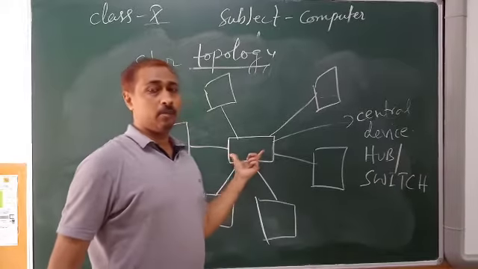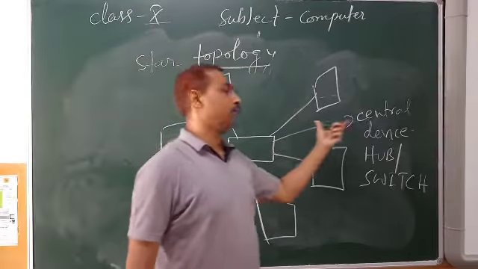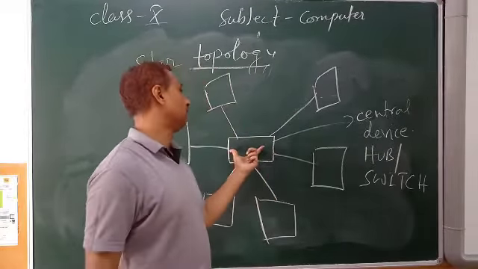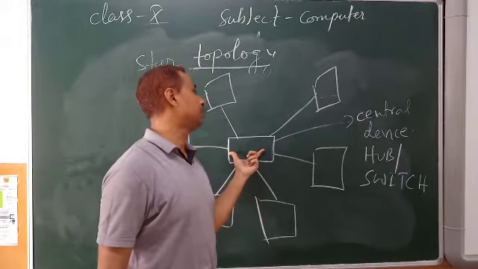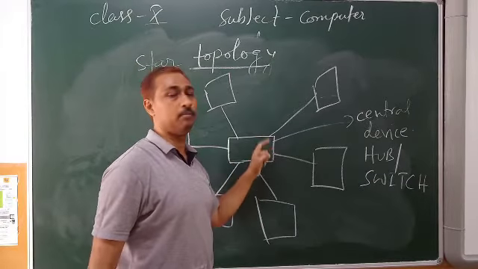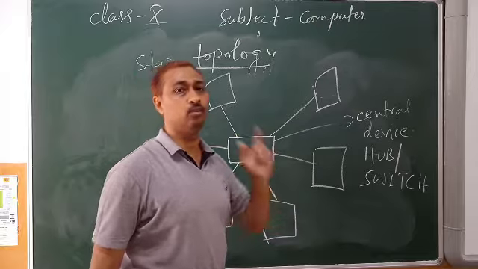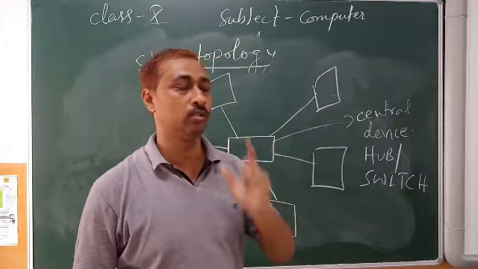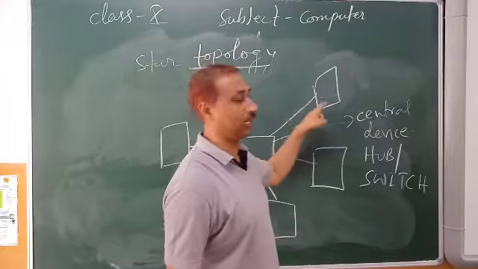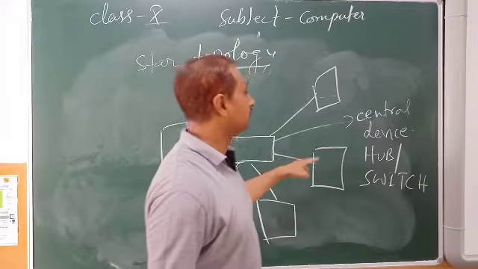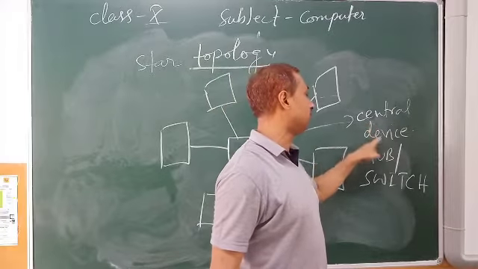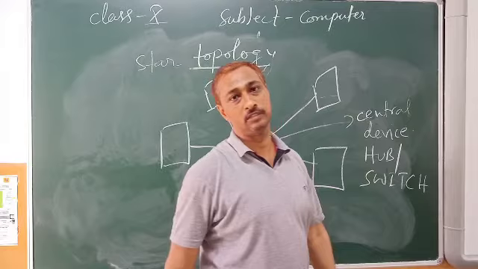Here in star topology, a central device is there, and it is used to connect all the computers separately through separate cables. And this central device is a hub or switch.